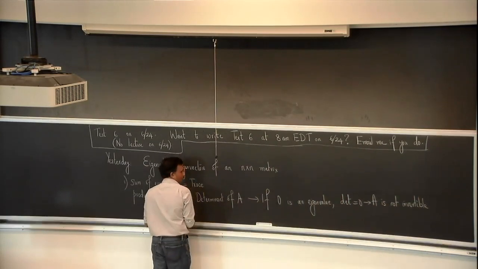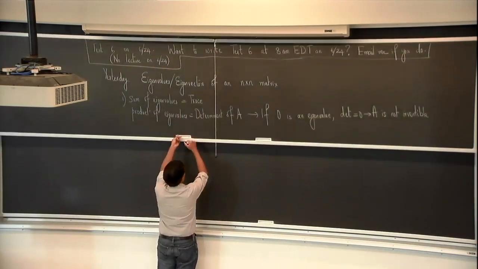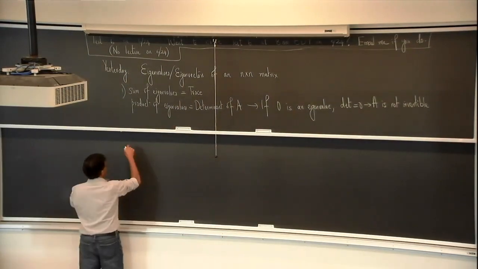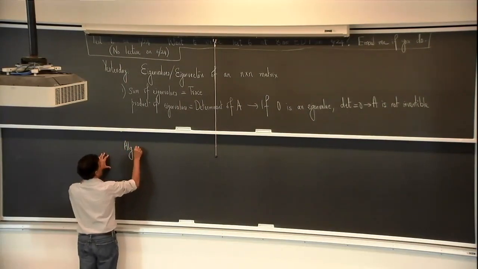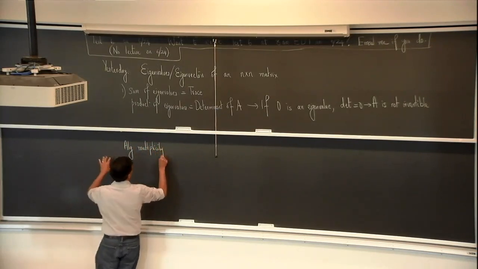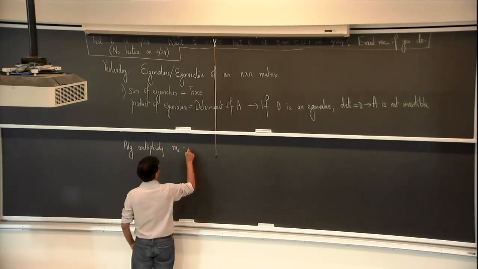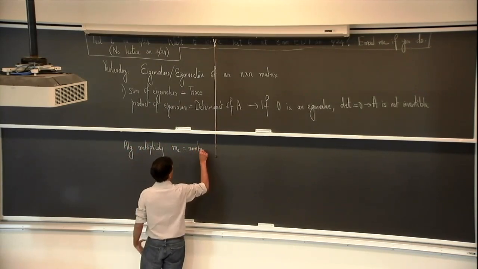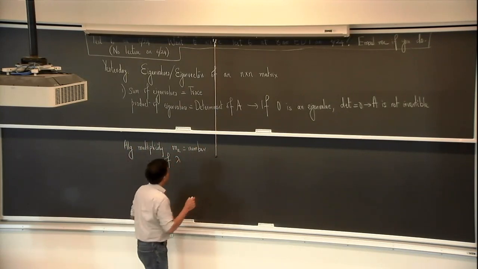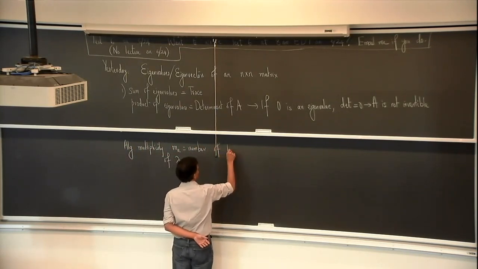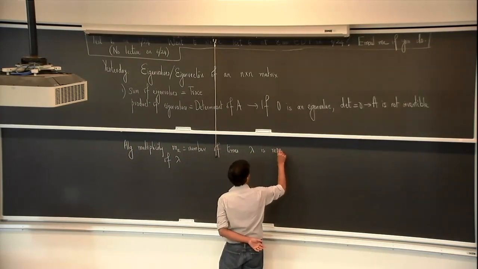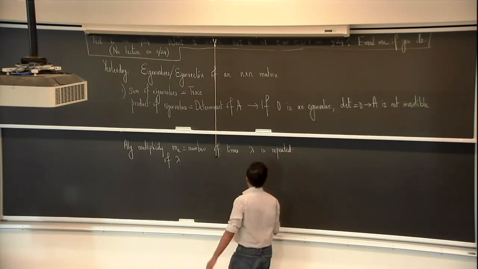We also talked about the multiplicities of eigenvalues. The algebraic multiplicity is the number of times an eigenvalue is repeated. Of an eigenvalue, number of times lambda is repeated, and the default value is 1.